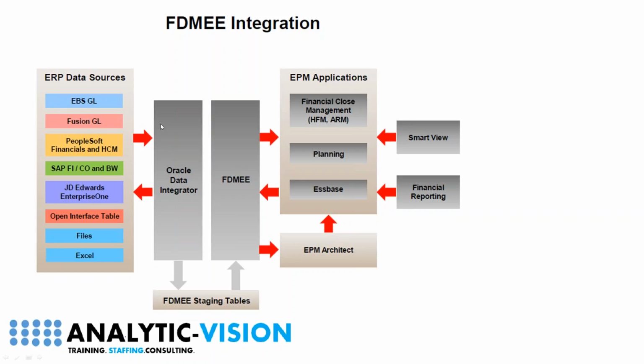You also have ODI, which is installed when you install FDMEE. ODI sits underneath and coordinates the movement of metadata and data into EPM applications. As I said, when you install FDMEE, it also installs ODI behind the scenes. The installer also configures the ODI master repository, work repository and ODI agent as part of the install process.